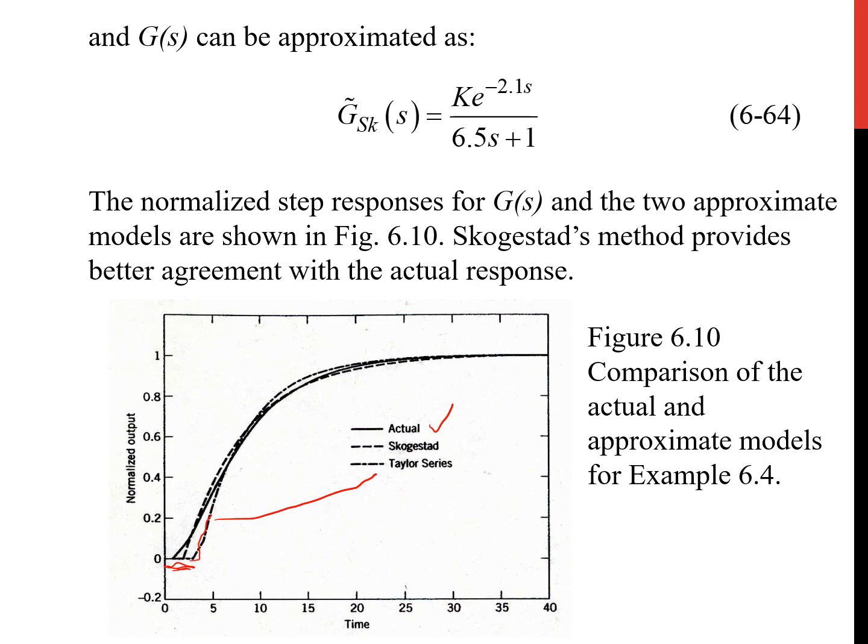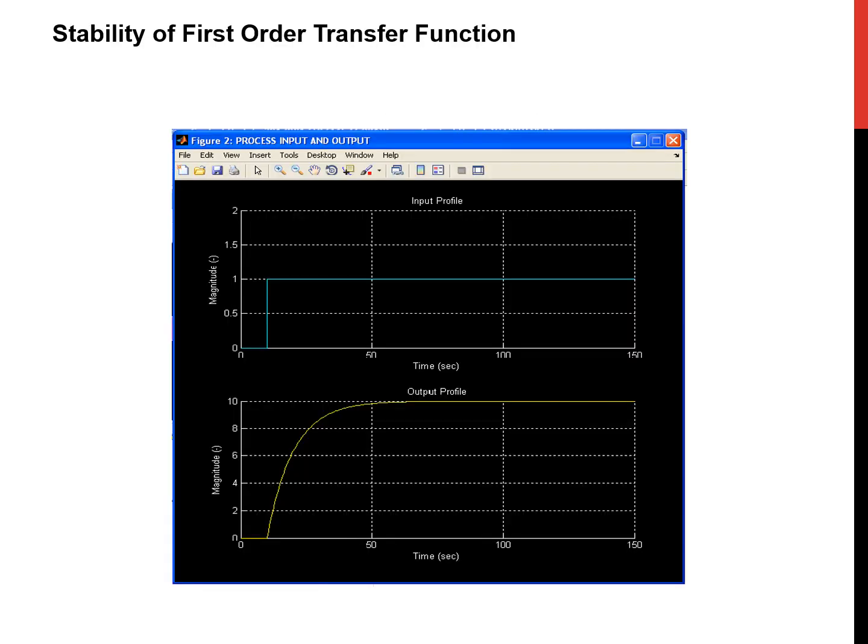That's why we want to reduce the order of the transfer function to first or second order, for ease of solution, and in the end the response you get is approximately similar.